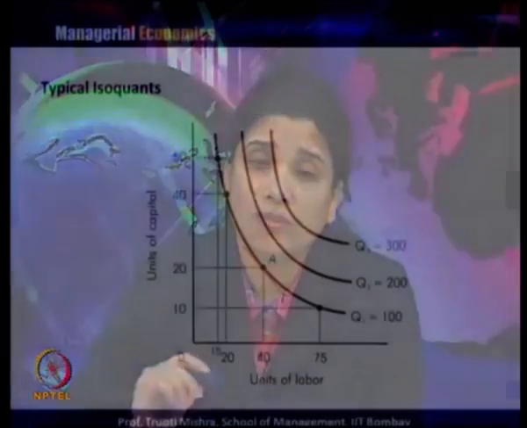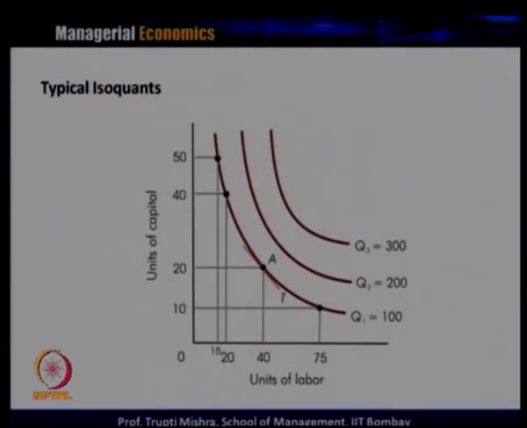That is the reason that, just by changing the input combination, they are still producing the same level of output. Whether the producer chooses production process A, B or C, only the input combinations change, otherwise the output produced is the same.